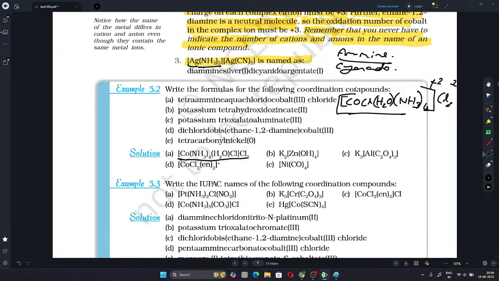Let's go to the second compound. Potassium tetrahydroxozincate, where zinc is the central metal atom and potassium is the counter ion.